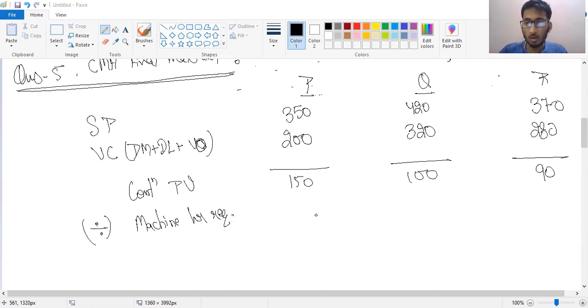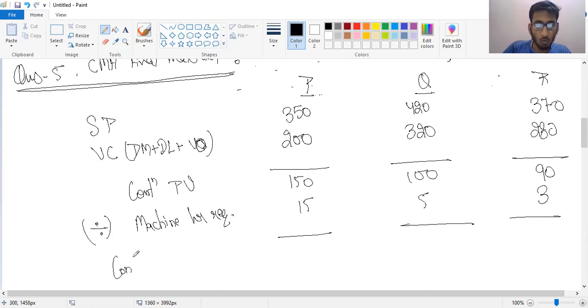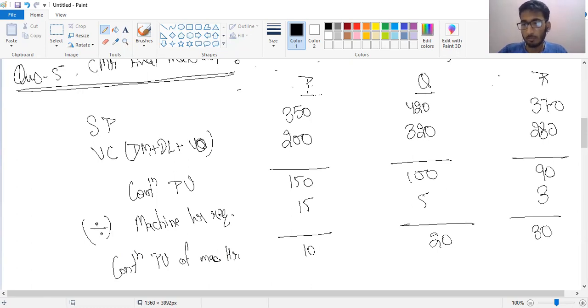So machine hours are basically 15, 5, and 3. The contribution per unit of machine hour would be 10 rupees, 20 rupees, and 30 rupees.